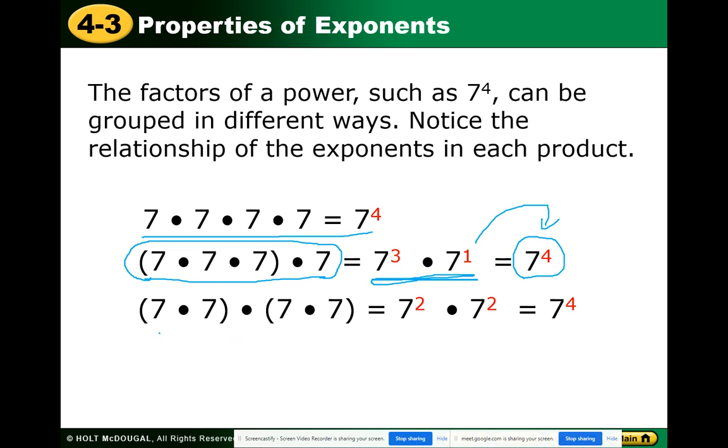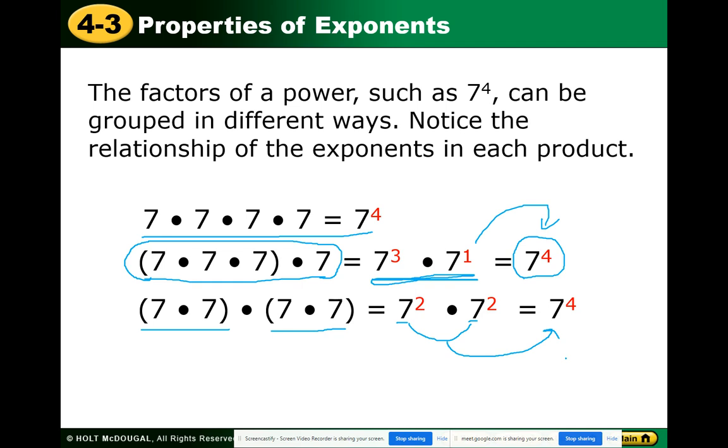And even if we group them differently down here on the very bottom one, did we add these again, Natalie? It's 7 to the second times 7 to the second. Well, what's 2 plus 2? 4. So when we multiply numbers that have the same base, we can add the exponents.